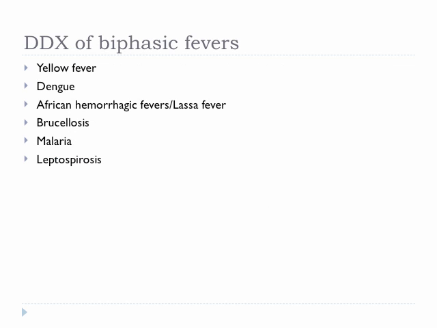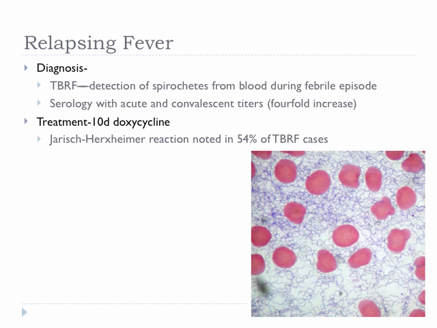So, differential diagnosis of biphasic fevers. Elias here covered a lot of them in his talk: yellow fever, dengue, Lassa fever, leptospirosis, and also the relapsing fevers caused by tick and louse-borne vectors. The diagnosis, again, acute and convalescent titers. You also detect the spirochetes in the blood during a febrile episode.